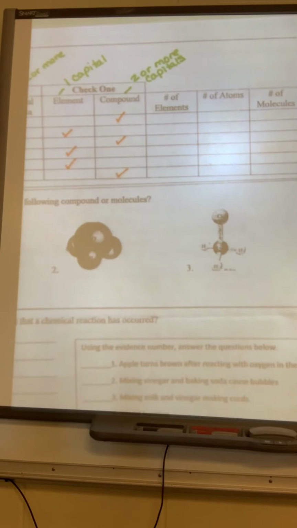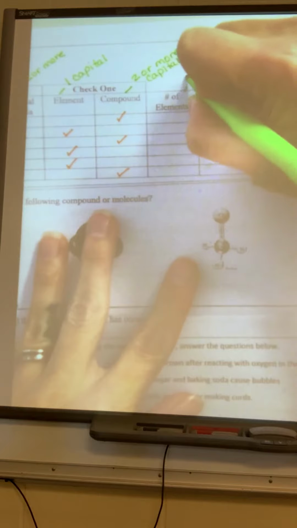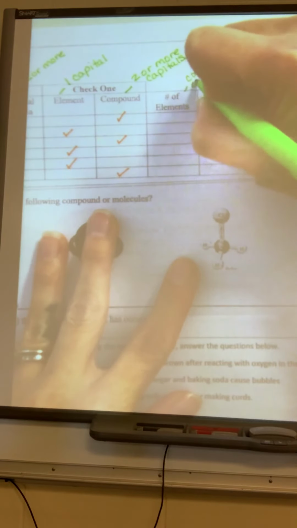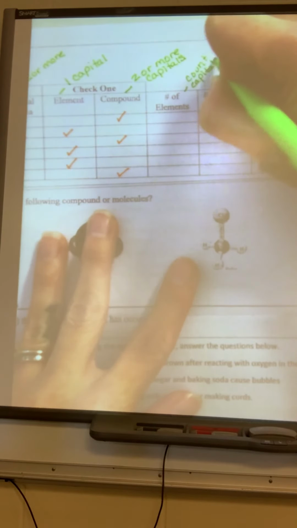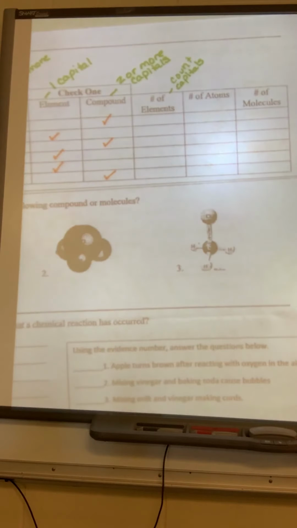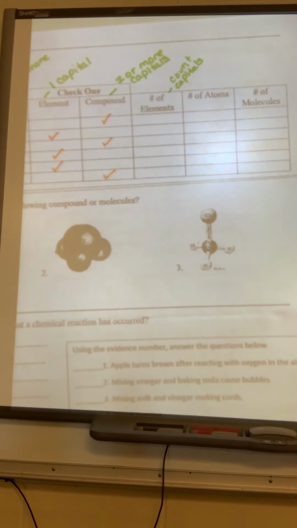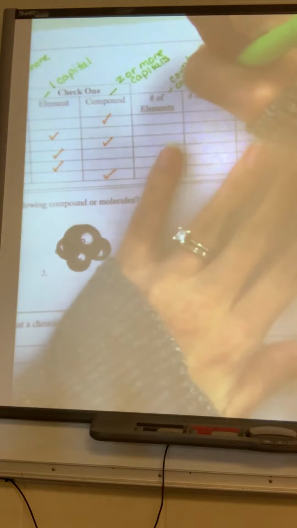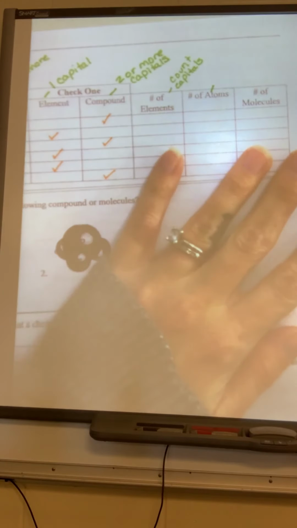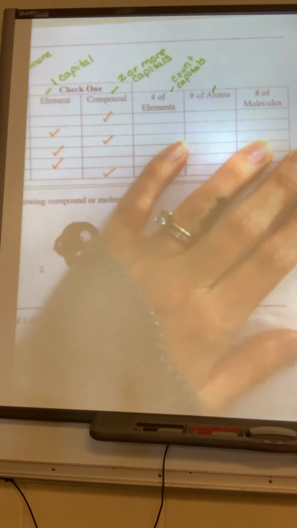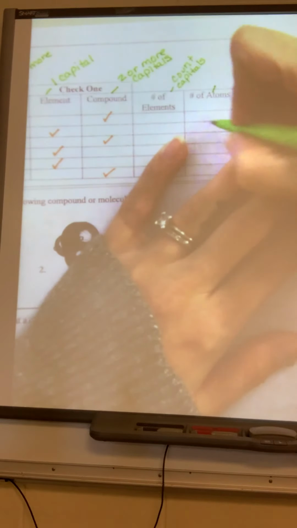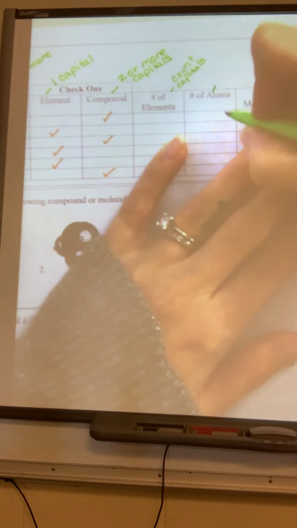All right. So now we're going to look at the column that says number of elements. In order to determine the number of elements, what do I have to count? All right. So I'm going to count capitals. All right. Atoms, what do I count? Well, I'm going to count each one of them, right? Okay, so I'm going to count each atom and add them together.